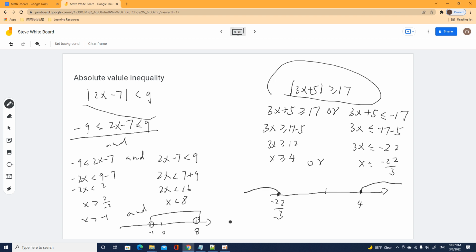So this part is greater than or equal to 4. This part is smaller or equal to negative 22 over 3.